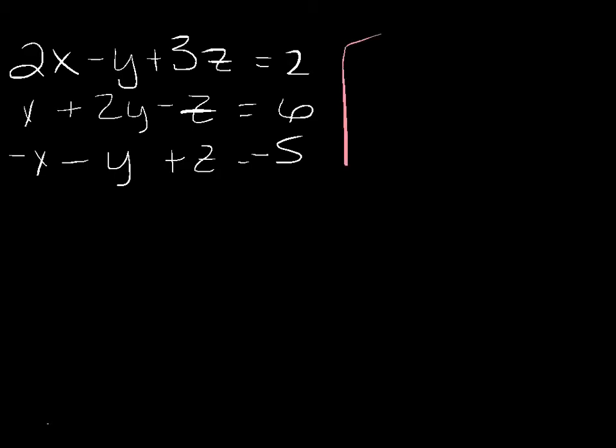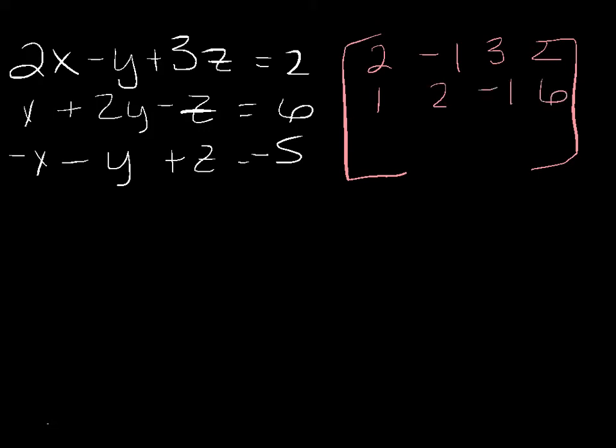The first thing I need to do is set up my augmented matrix. So it's 2, negative 1, 3, and 2. 1, 2, negative 1, 6. Negative 1, negative 1, 1, and negative 5.